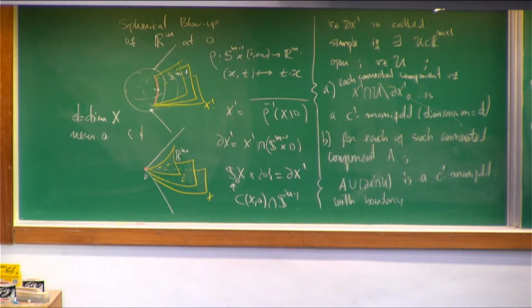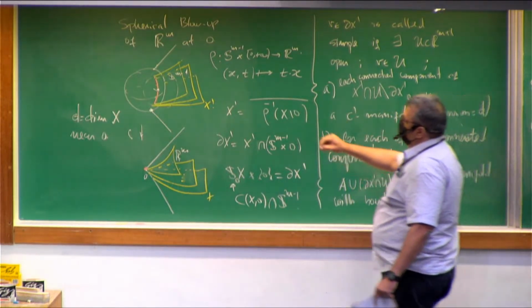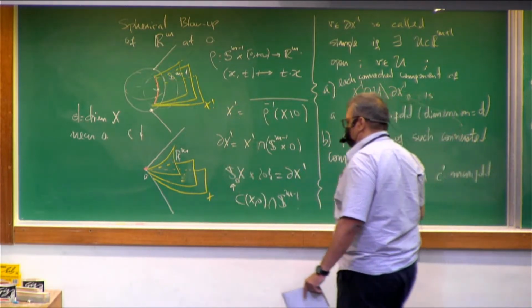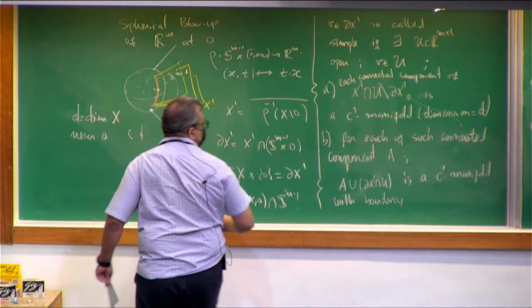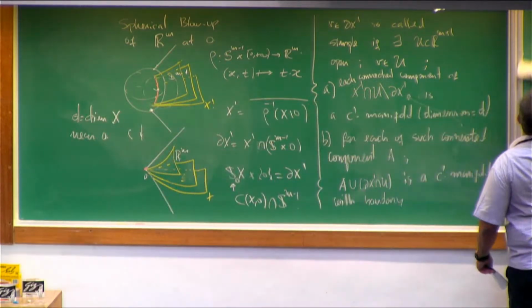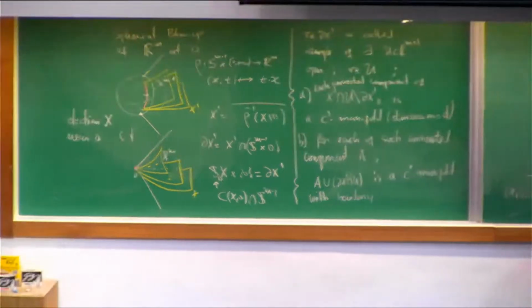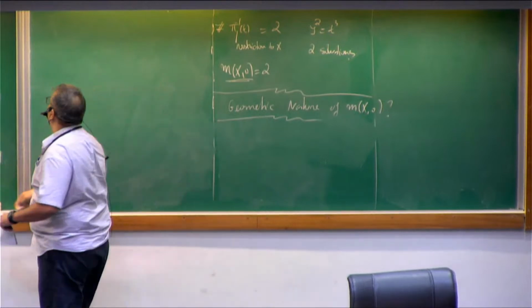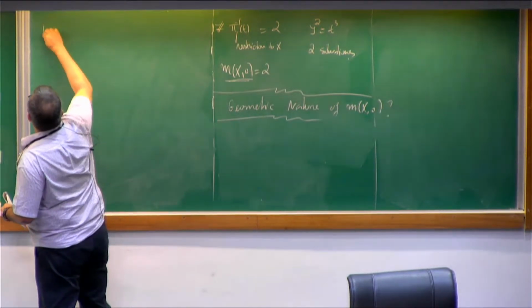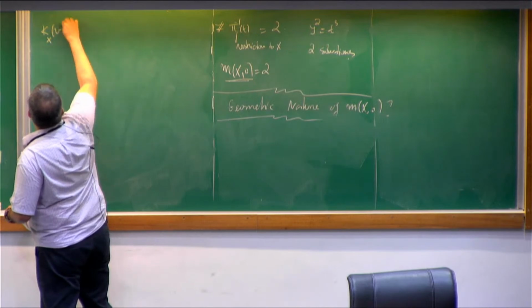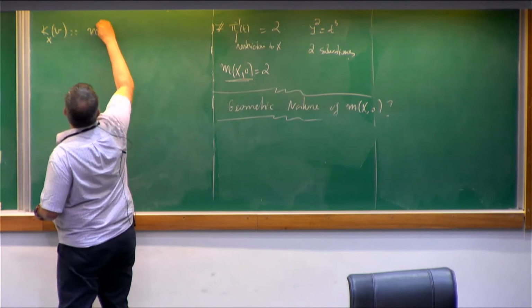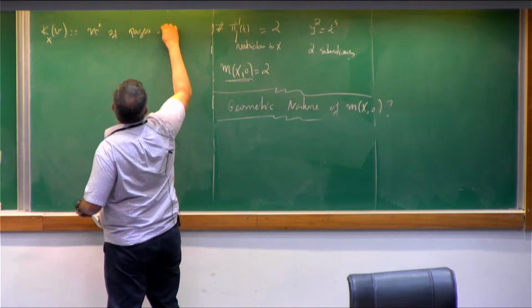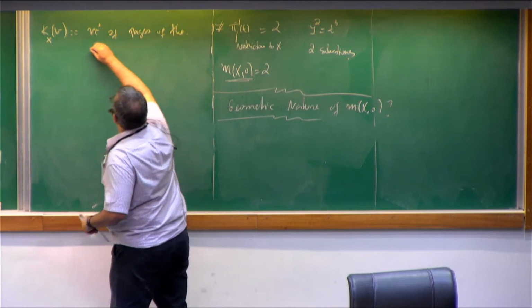So then for each point here, you can define a number. Let's define a number. K_X(V) is the number of pages of the pamphlet.